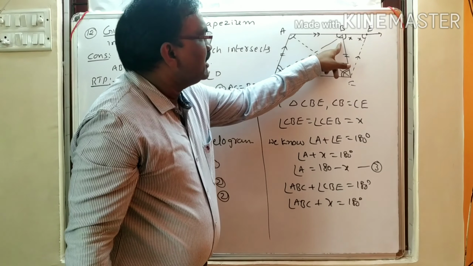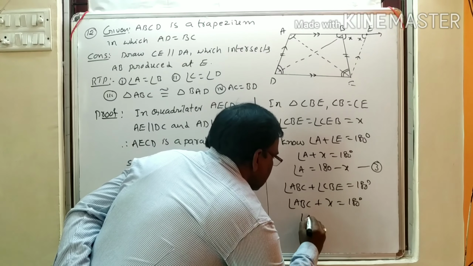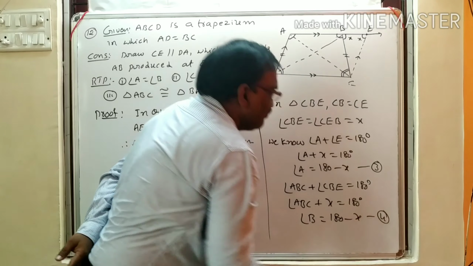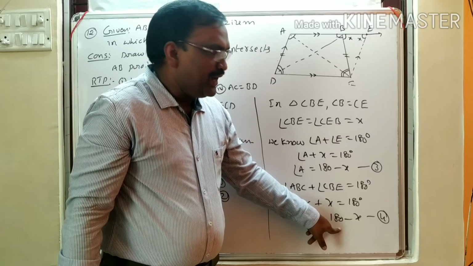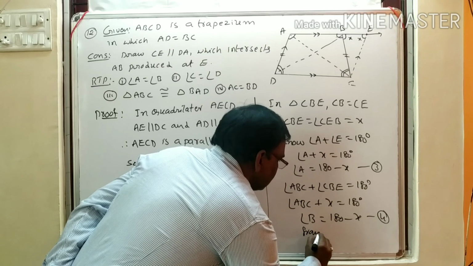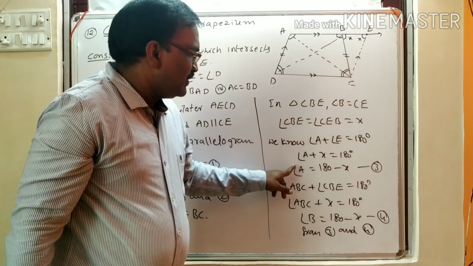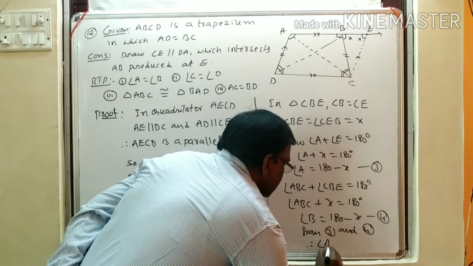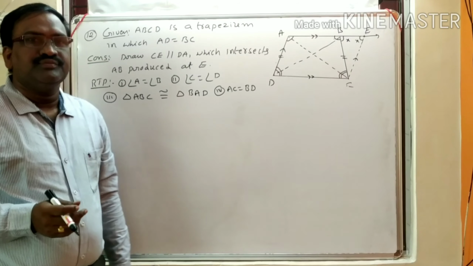So angle ABC, nothing but angle B in trapezium, is 180 minus x. So angle A is 180 minus x, angle B also 180 minus x. From 3 and 4, we can write angle A is equal to angle B. This is the first condition.